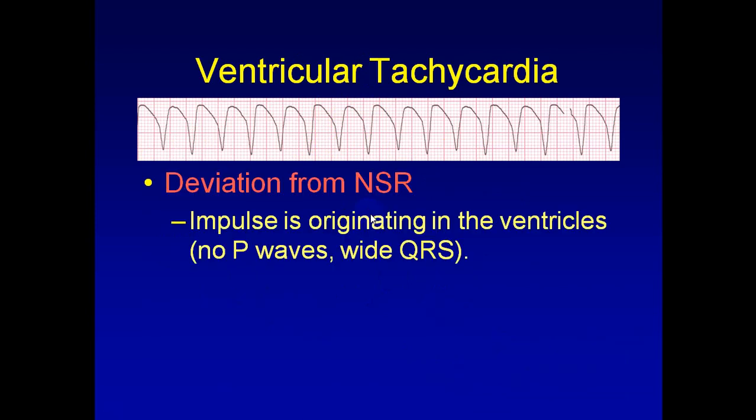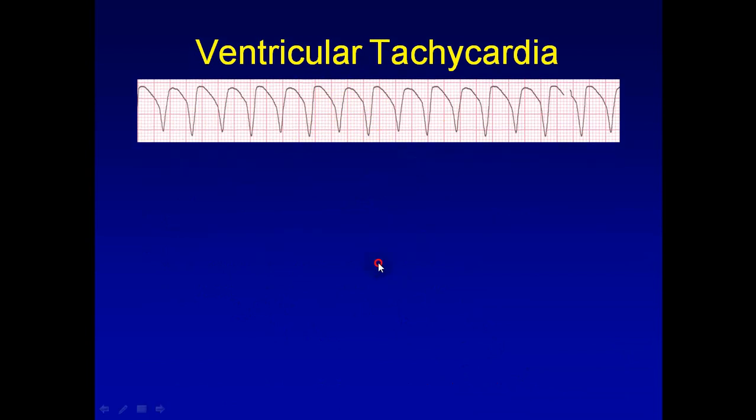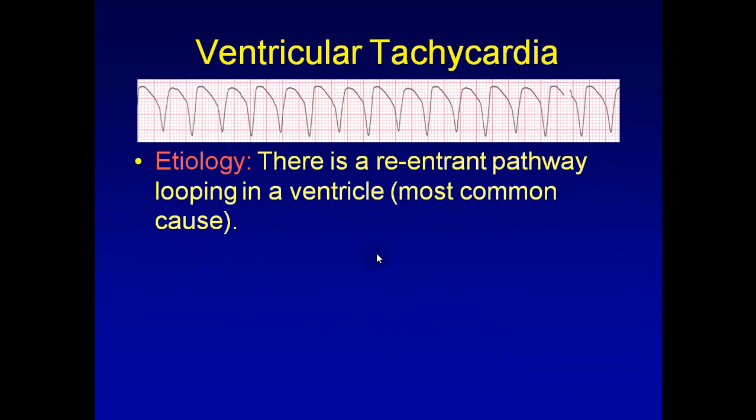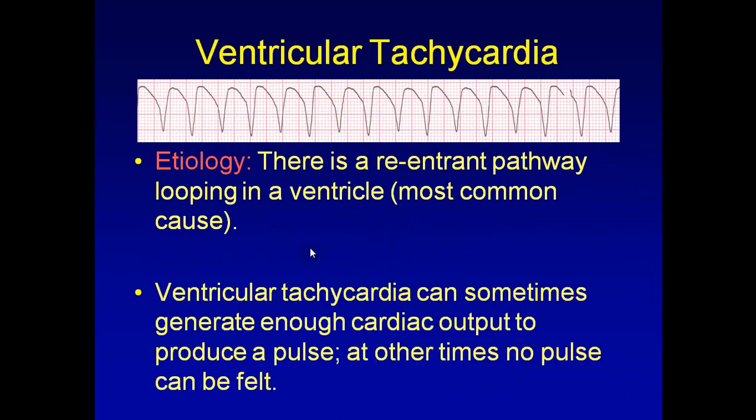In ventricular tachycardia, the impulse originates in the ventricle. That is why the QRS complex is wide. No P wave, because the impulse is not in the atria, not in the SA node. There is also reentry, by the way, looping in a ventricle, the most common cause.